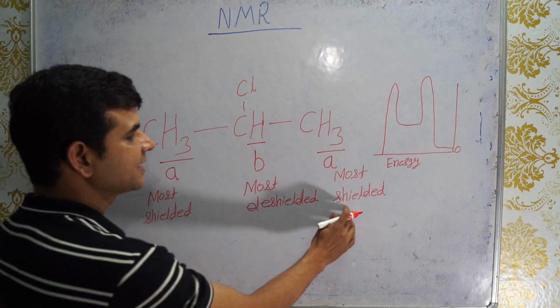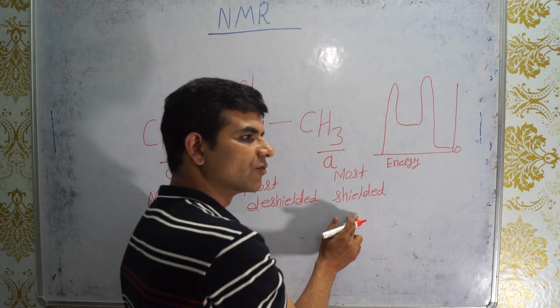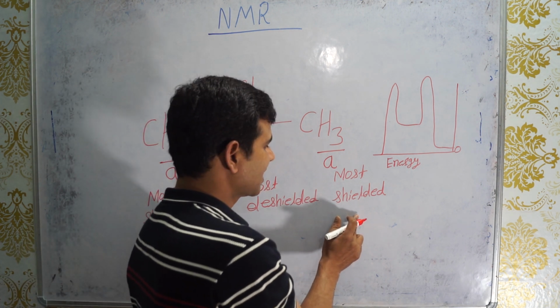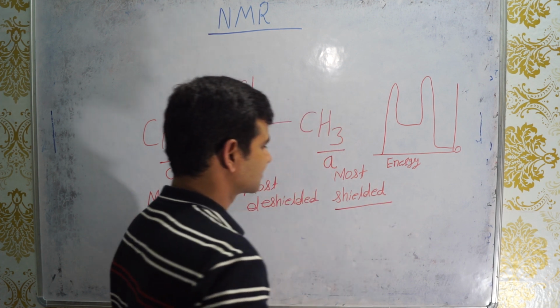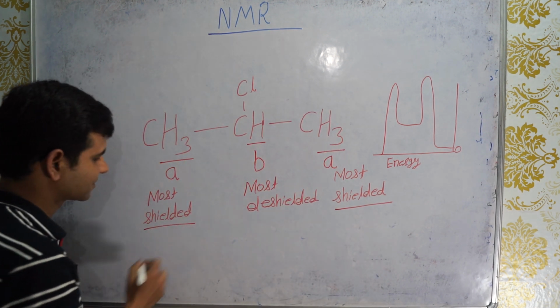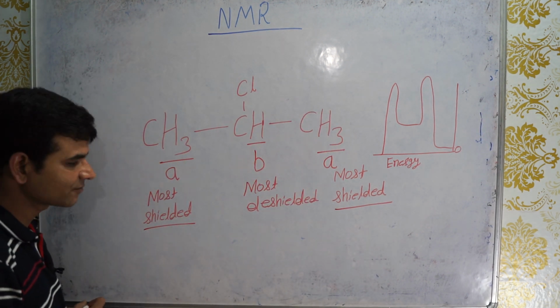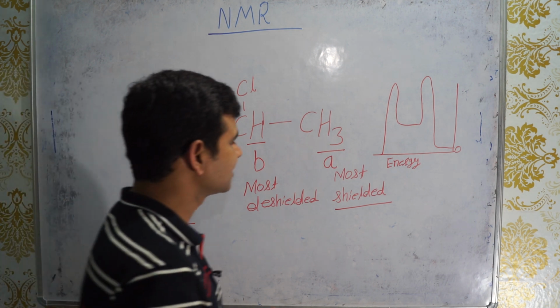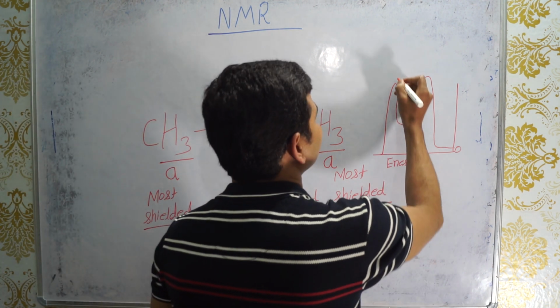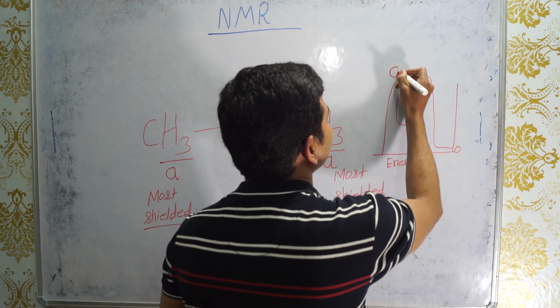Most shielded hydrogen atoms take more energy to go into beta spin, and here type A hydrogen atoms are in the most shielded form. Therefore, this peak will represent type A hydrogen atoms.